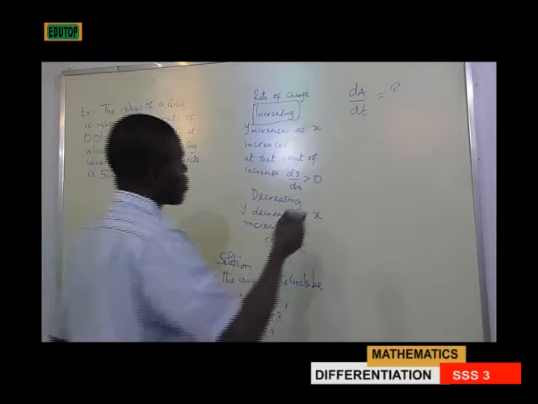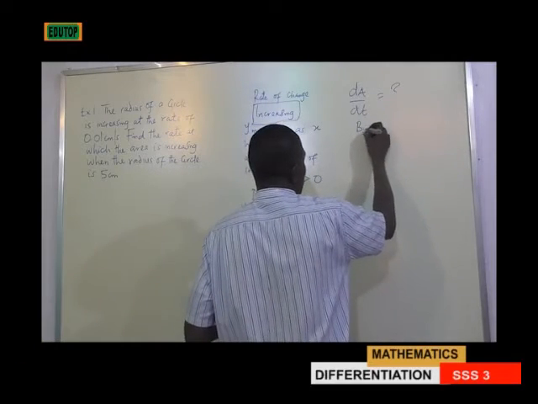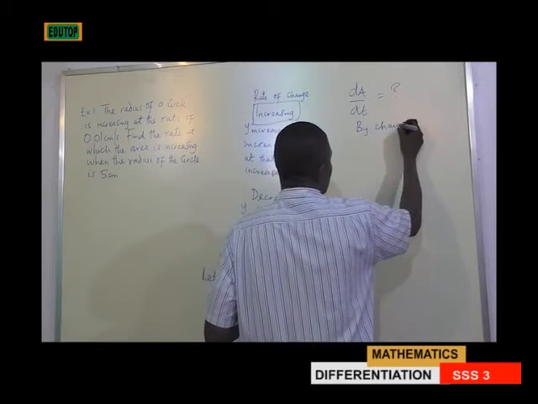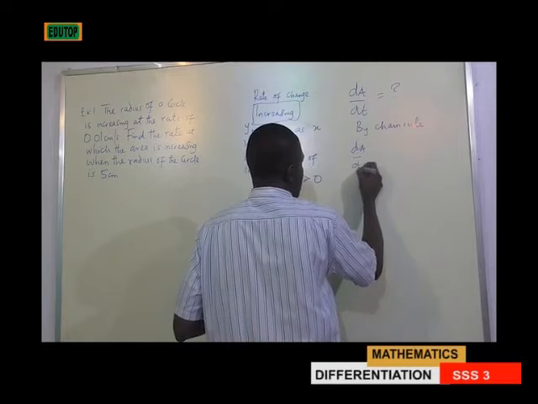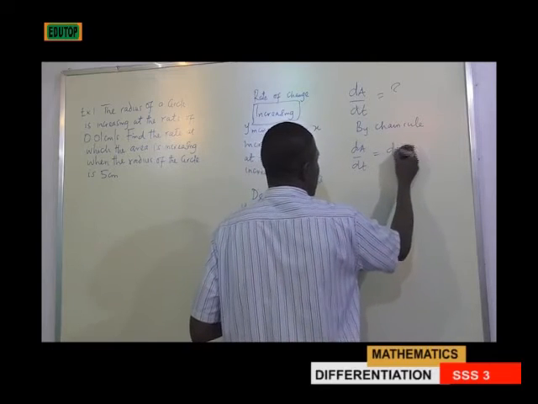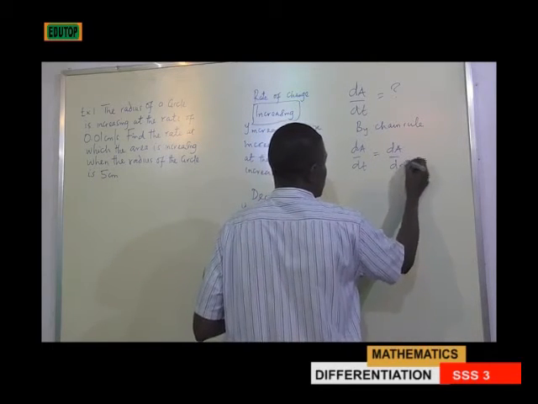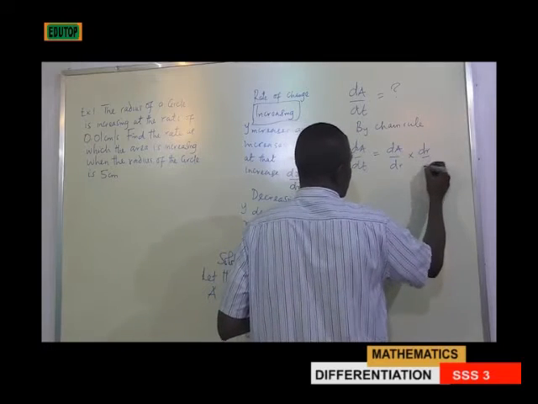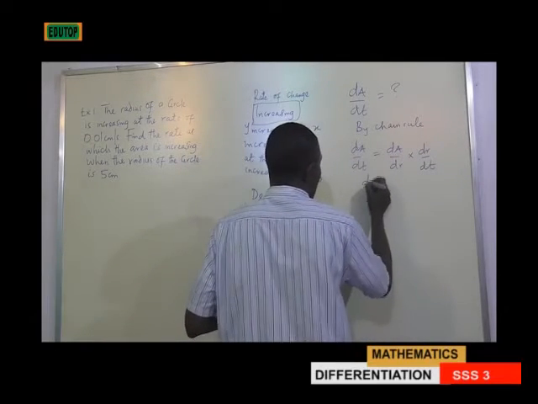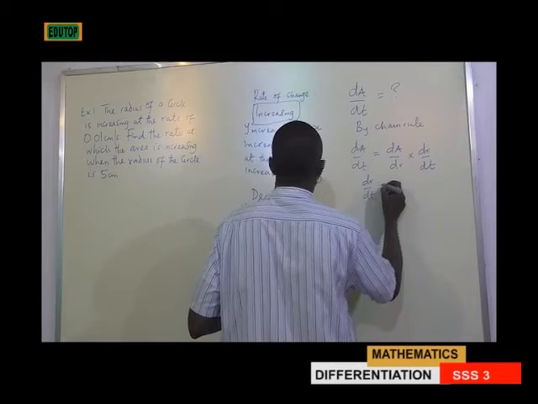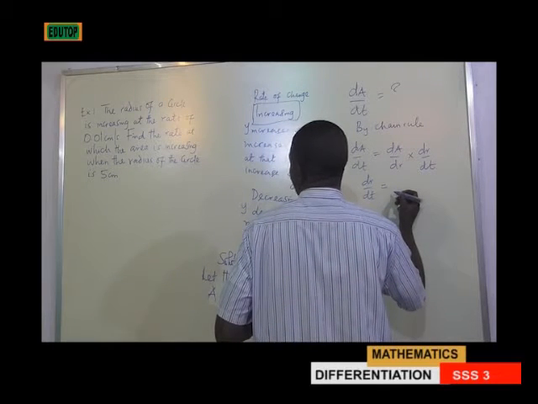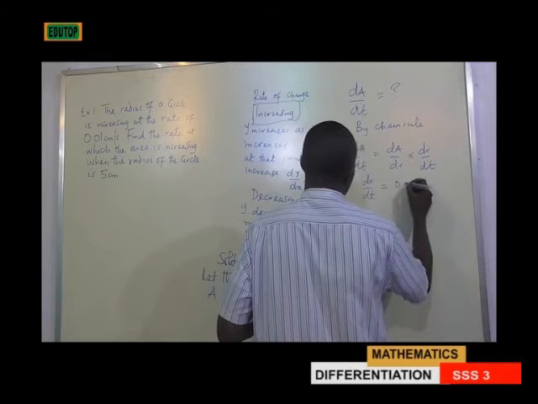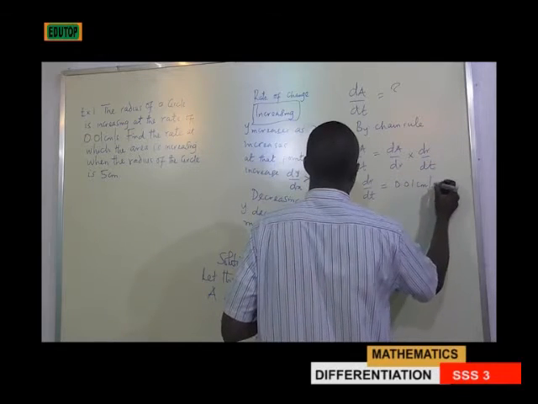Now, by chain rule, we know that dA/dt can be dA/dr times dr/dt. dr/dt is given to us in the question: the radius of the circle is increasing at 0.01 centimeter per second.